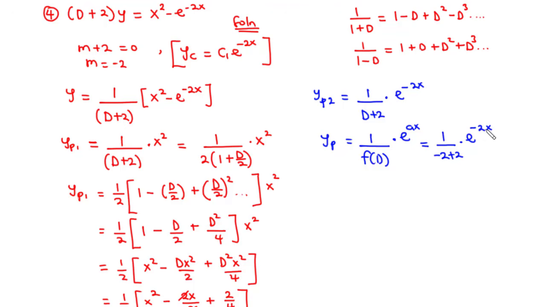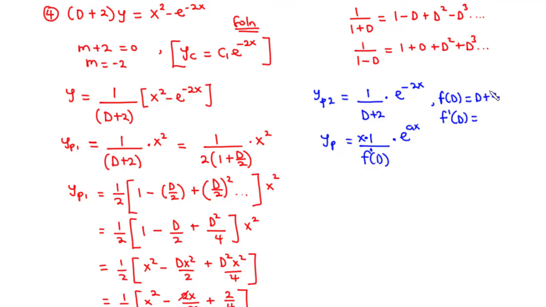Now you realize that this will not work because the denominator will go to 0. Since the denominator will go to 0, we are going to multiply the numerator by x, and then we have f prime of d. So we have f of d to be d plus 2, then we have f prime of d.